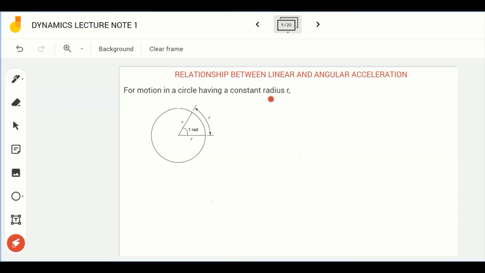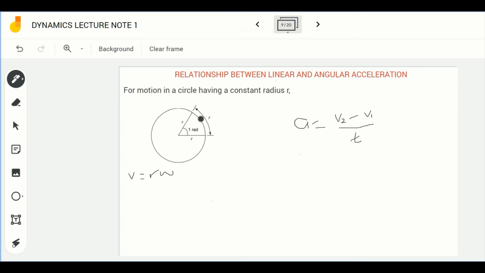So now let's look at a connection between linear and angular acceleration. If you remember, I was saying that linear acceleration A is equal to V2 minus V1 over T. And also, we said that V is equal to R omega.